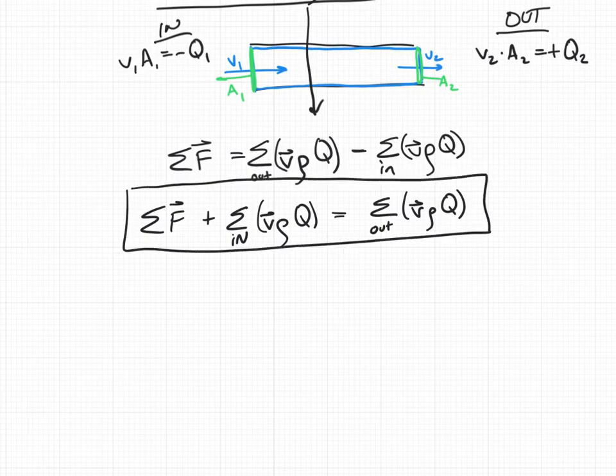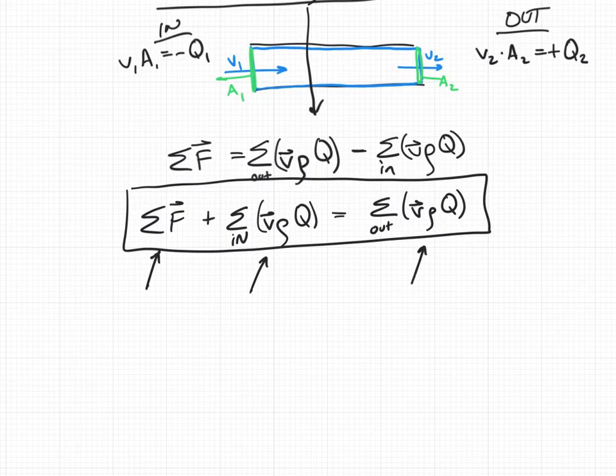The way I think about this is, because it's steady, there's no accumulation of momentum. So the forces can either give momentum or take momentum away, depending on whether the force is in the direction of the flow or against it. This is the momentum flux in, and this is the momentum flux out.